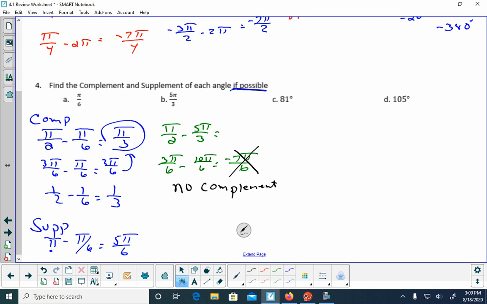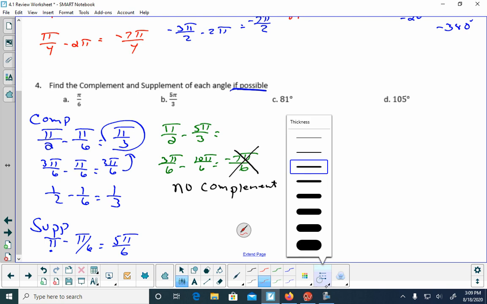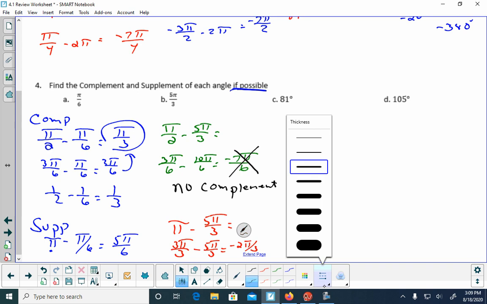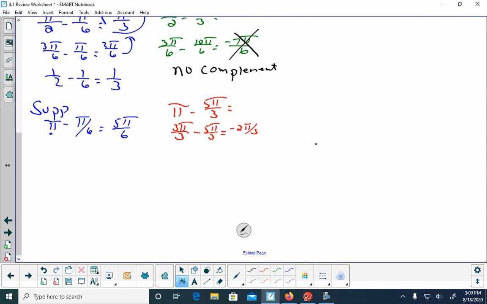Now I'm going to go ahead and try and find the supplement. So to find the supplement, I'm going to take pi and subtract 5 pi over 3. Well, I believe the same thing is going to happen. This 1 pi is 3 pi over 3 minus 5 pi over 3. And I get negative 2 pi over 3. That is also negative, which means it's not possible, which means there's no supplement.